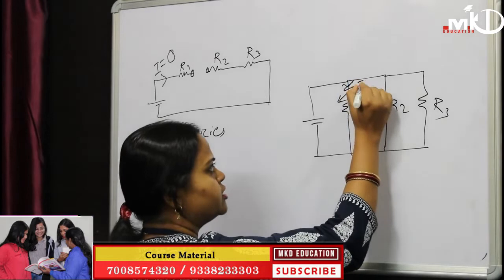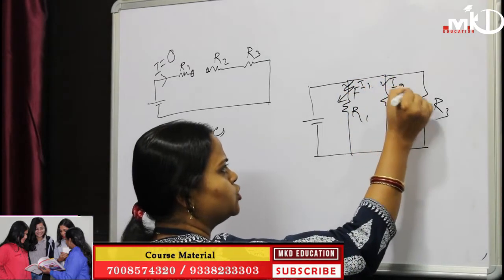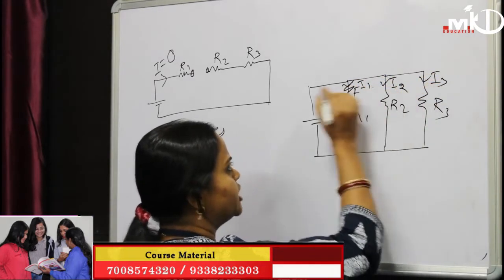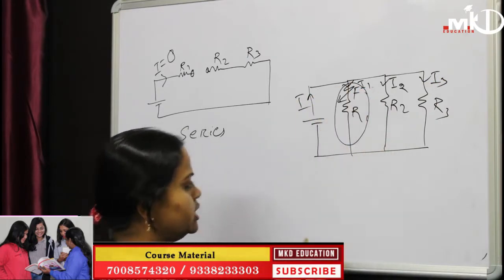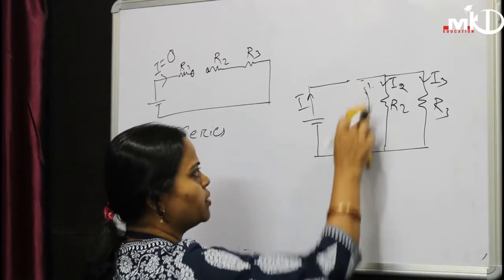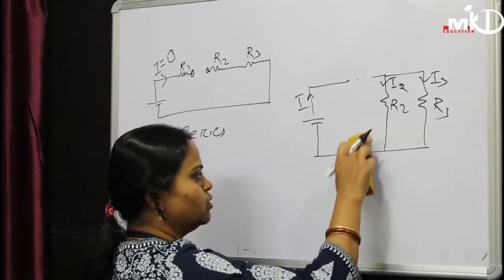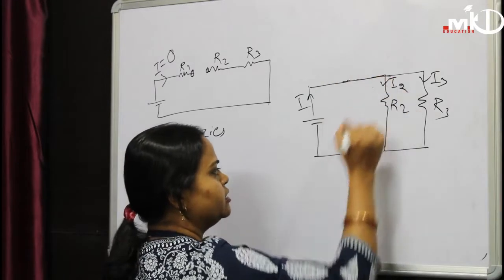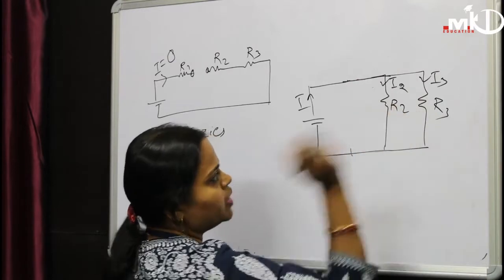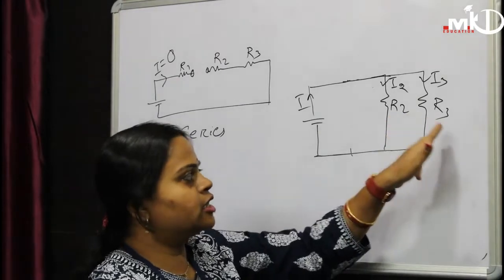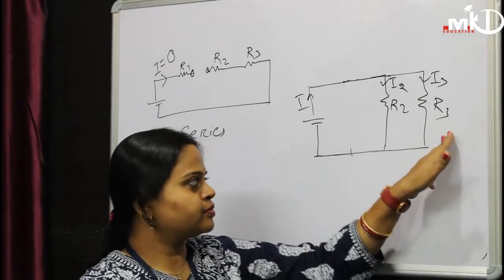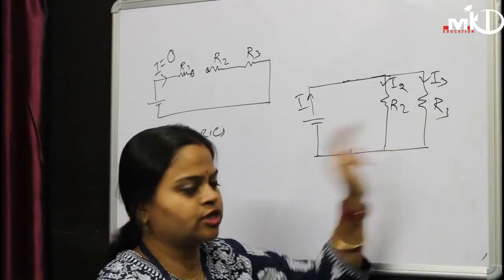And the current was here, it is I1, it is I2 and it is I3, total current is I. So if it is fault, only this part will be open circuited and all other parts will be active. So there is uninterruption of the power supply. Therefore we are going for the parallel circuit.